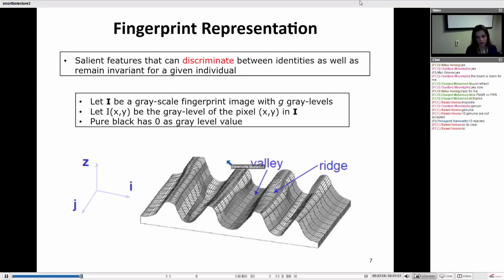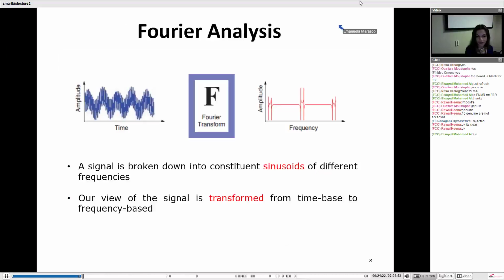Based on your knowledge about mathematical functions, which one is more suitable for representing the ridge pattern, in case we want to consider the signal, so one dimension? Very good. So we are following the sine function. Sine and cosine will be our model for the ridge pattern. So very good.